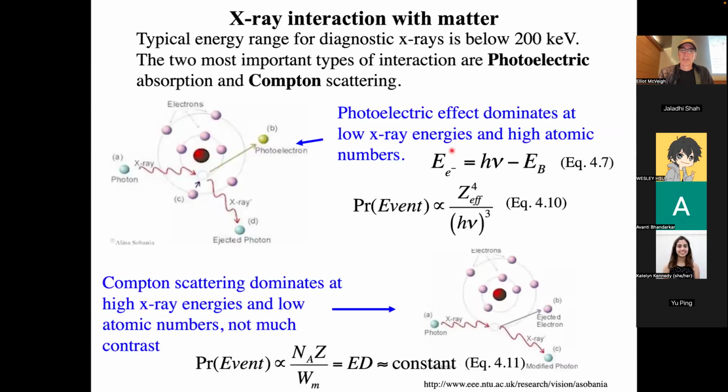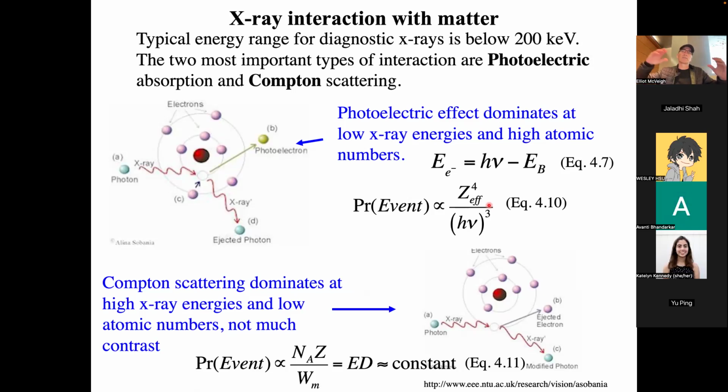Okay. And what are the relative probabilities of these two events occurring? These formulas give those probabilities, or the cross-sectional probability. So if I have an incident X-ray creating a photoelectron with a photoelectric effect, this goes as the fourth power of the atomic number of the atom. And that's because we have more and more electrons.